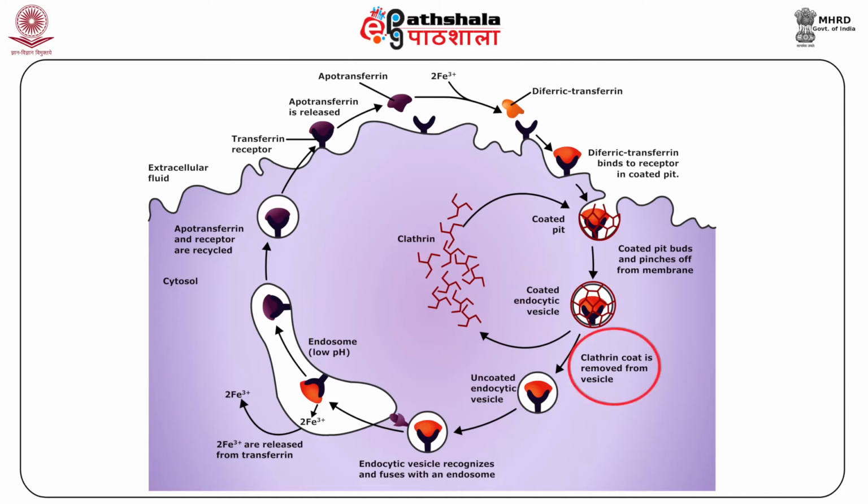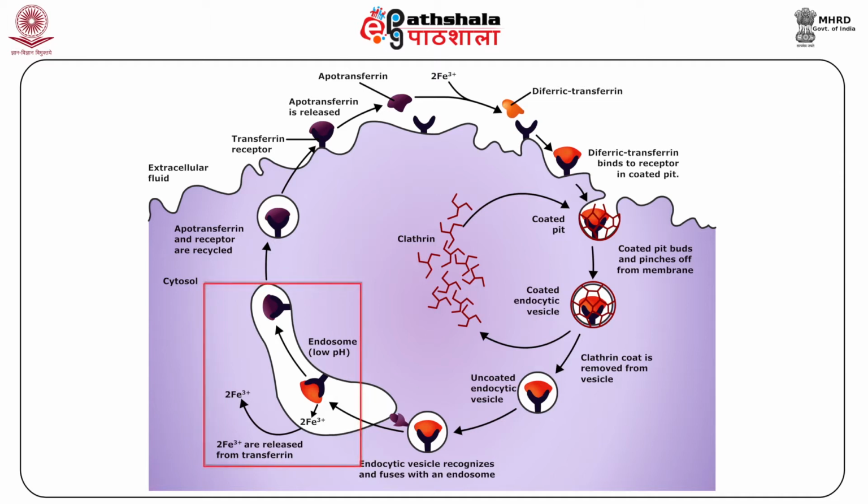After that, the clathrin is removed with the help of uncoating enzymes and the vesicle then combines with the endosomes. The pH of the endosomes is reduced to 5.5 due to the activity of V-type ATPases in their membranes, which weakens the association between iron and transferrin.